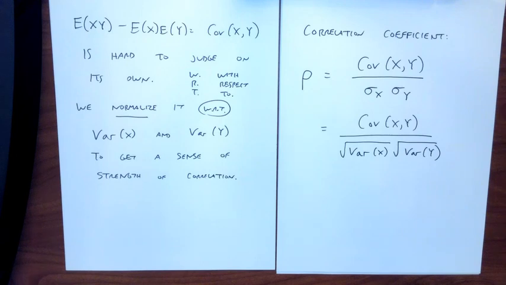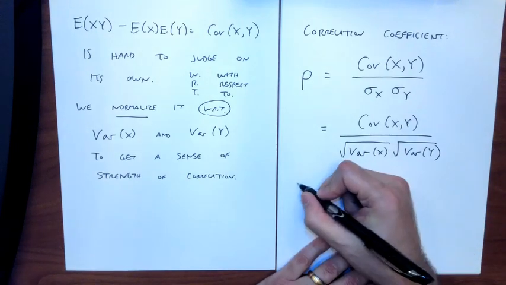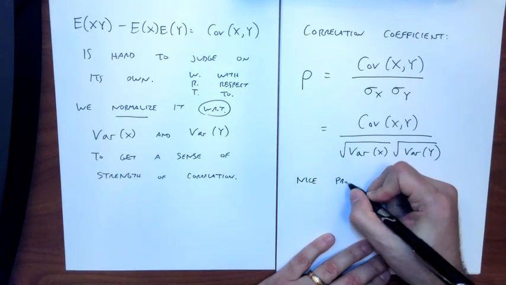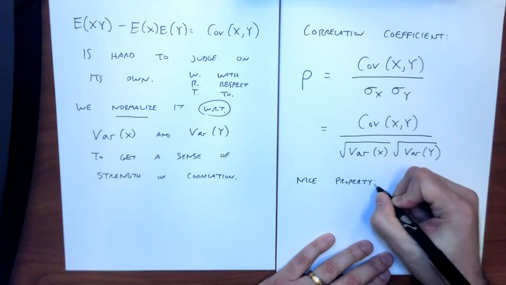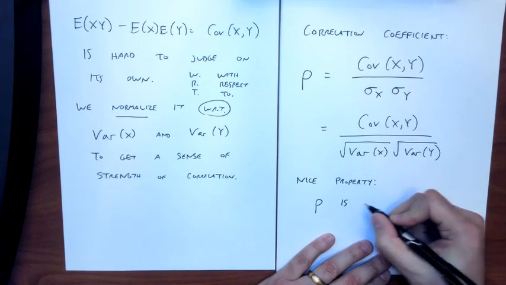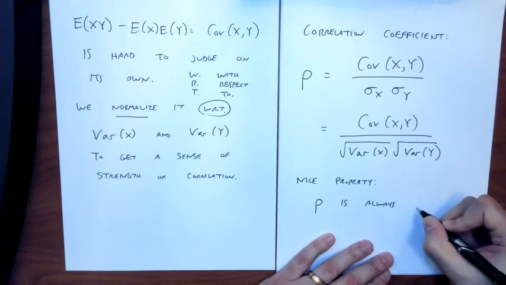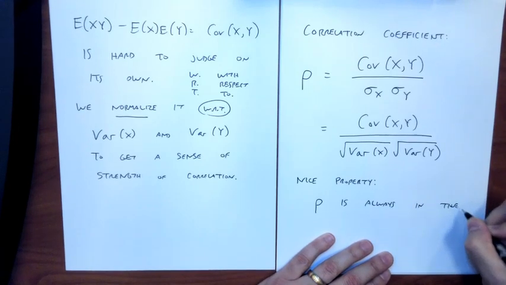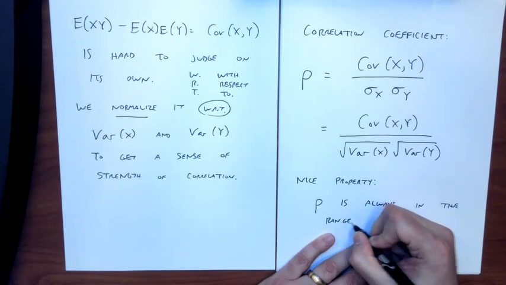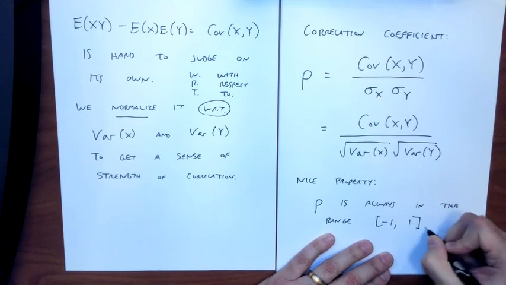And the nice property is that rho is always in the range from -1 to 1.